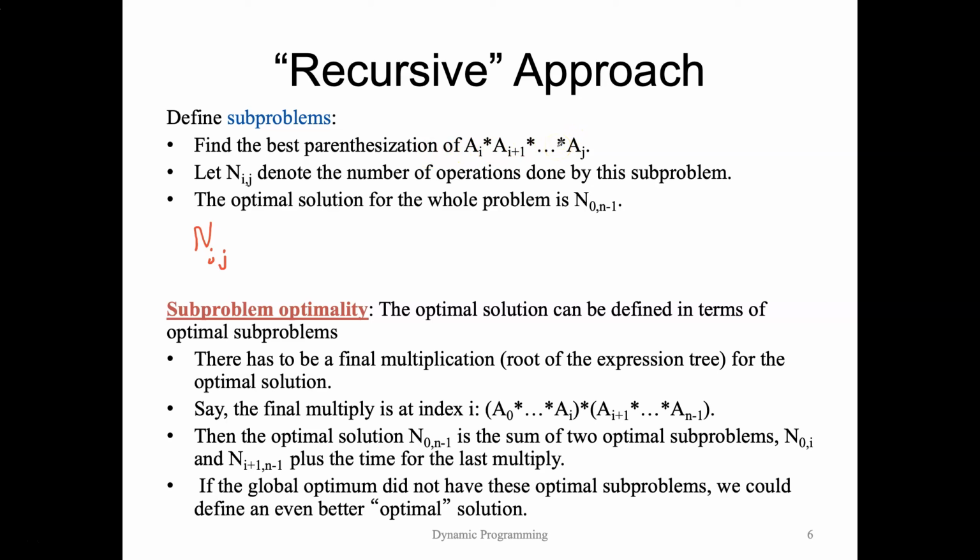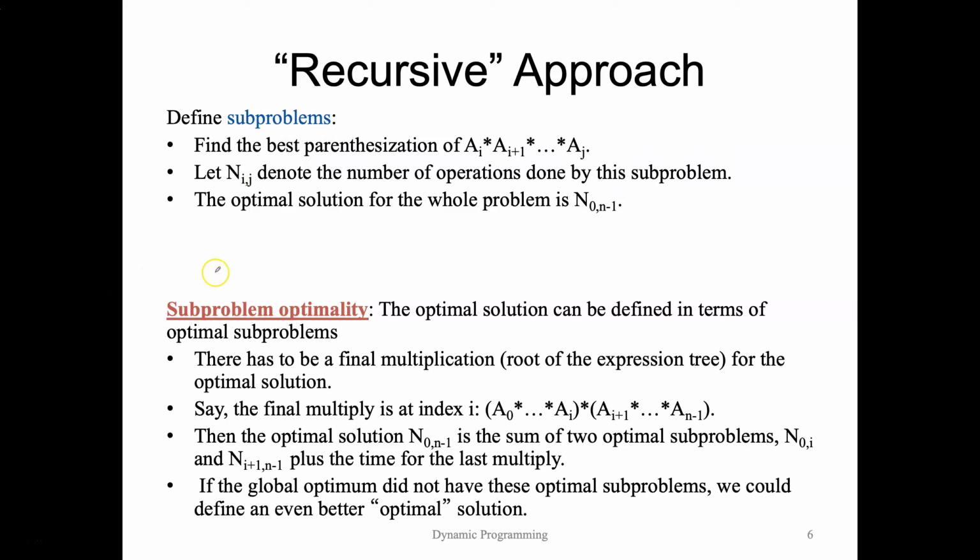And the idea here is that we can define an optimal solution for our entire problem, which would be the least number of scalar operations that it takes starting at A sub 0, our first matrix, and going all the way up until A sub n minus 1, our last matrix, using optimal solutions to these subproblems.